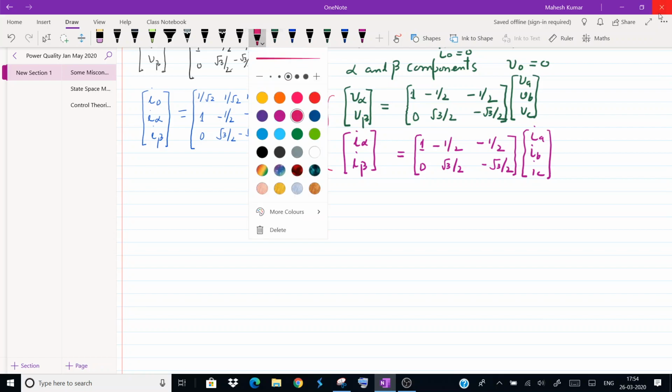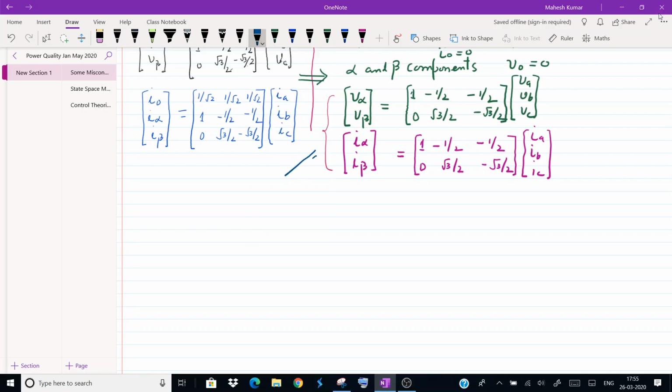that these two can be transformed like this: V alpha is equal to, and this has a factor of 2 by 3.